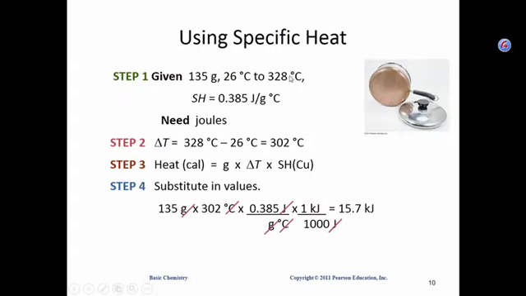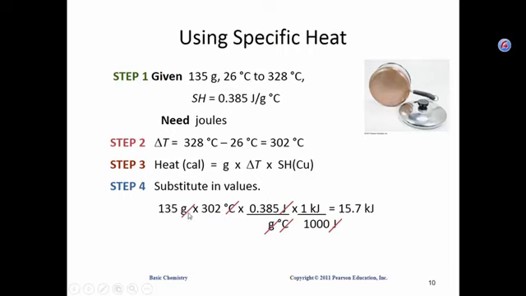Okay, so here we're showing the given information, so we've written that down. Here we're showing SH for the specific heat capacity. We're showing how to calculate the delta T. How we do this is we take the final minus the initial, and that difference is delta T. And then we put everything into the heat equation. So we've got the mass times the delta T times the specific heat.